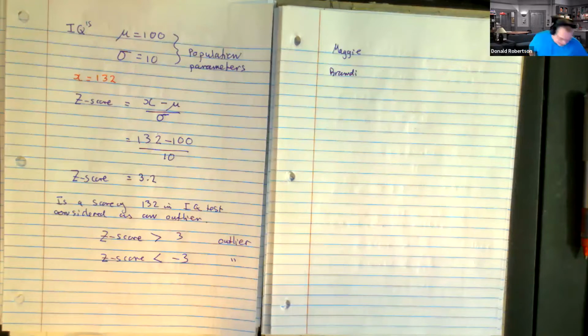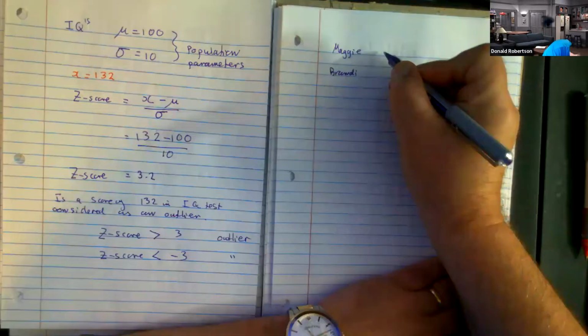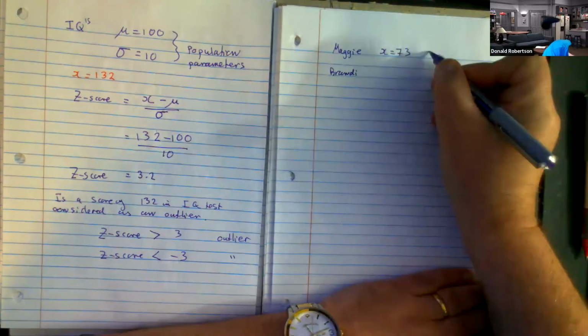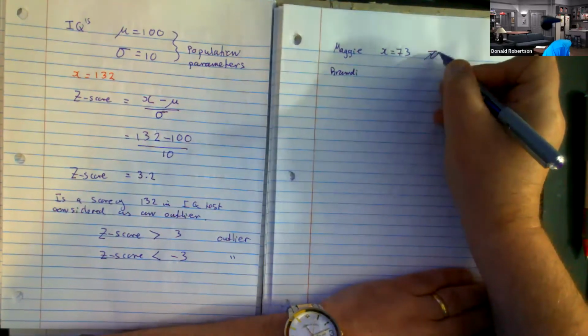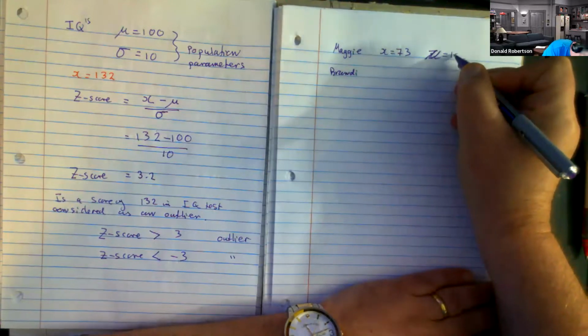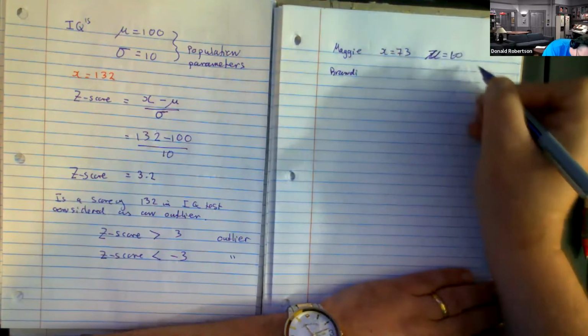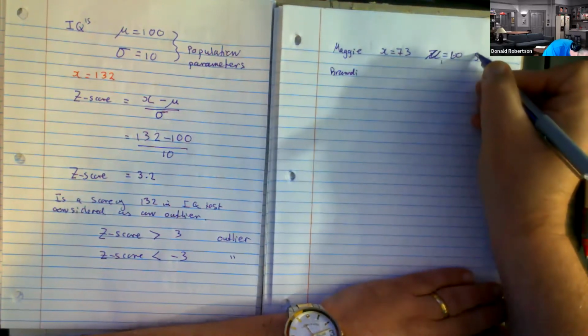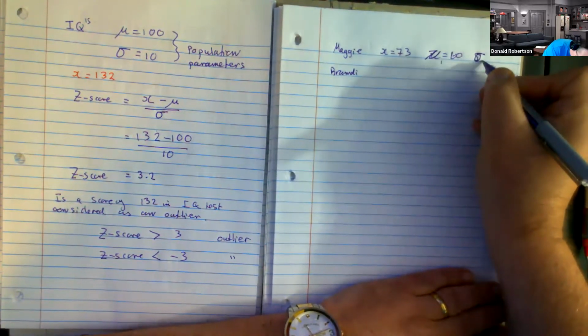And Maggie, you got a score in your test of 73. And in your class, the mean was 60. And the standard deviation in your class, I'll call it sigma, was 10.